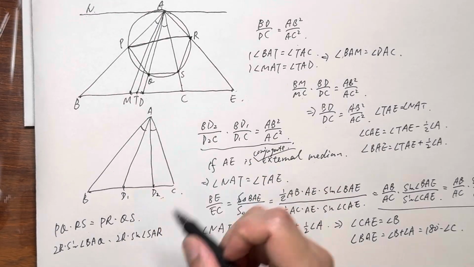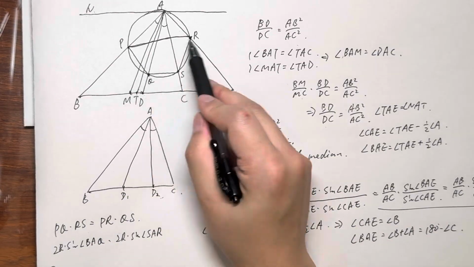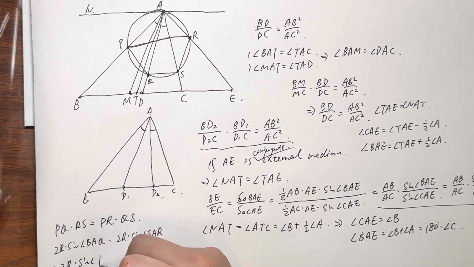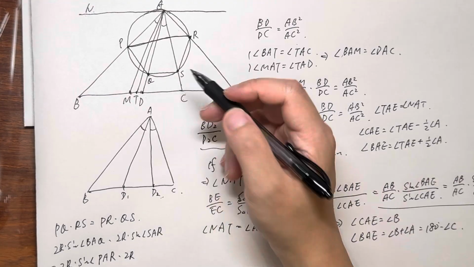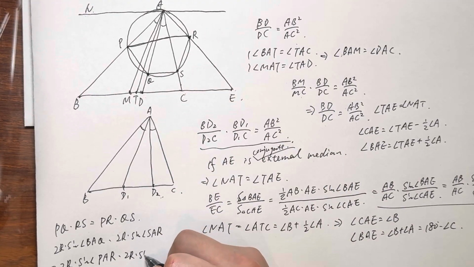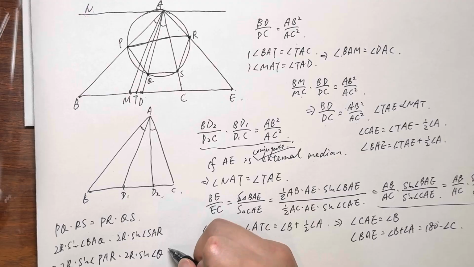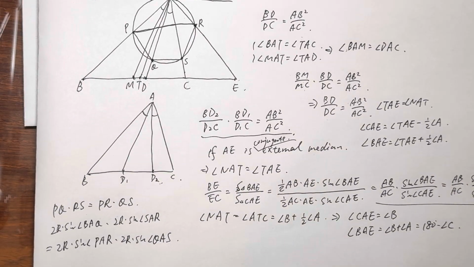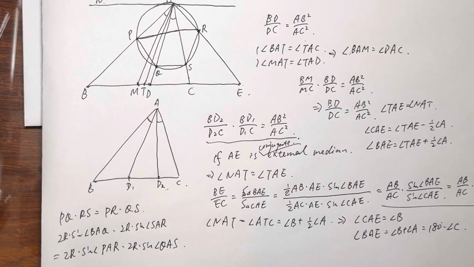And what about QS? Here, PR can be rewritten as 2R sine angle PAR. And QS is 2R sine angle QAS. Right? Basically, we want to prove this.